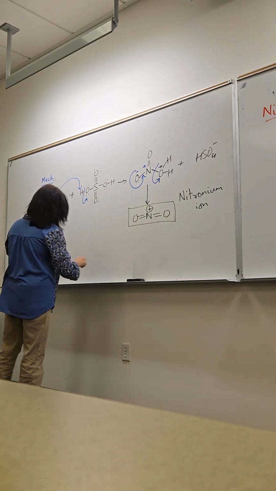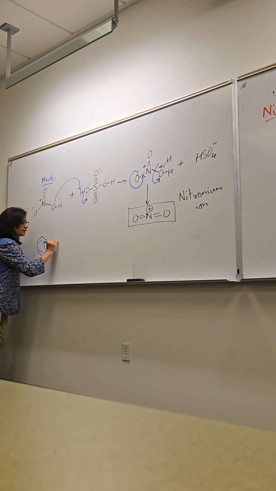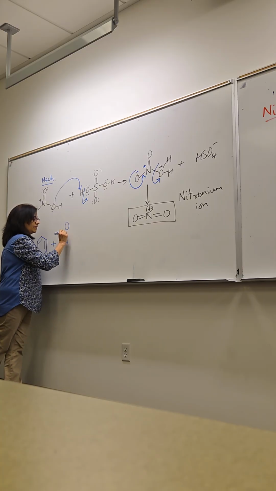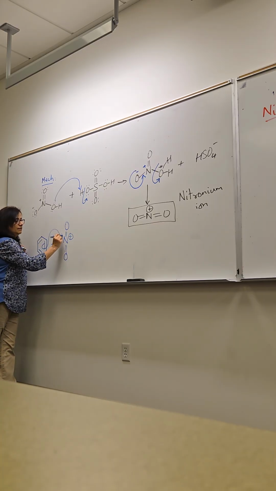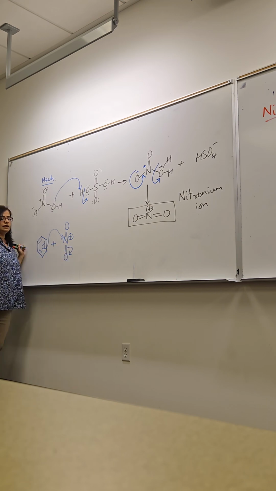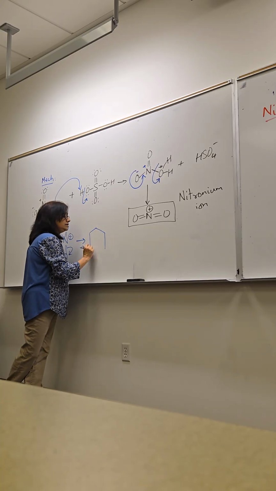Once the nitronium ion has been formed, that is when benzene comes in and attacks the electrophile. When it attacks the electrophile, it creates what we call a sigma complex. Does that ring a bell, everybody?